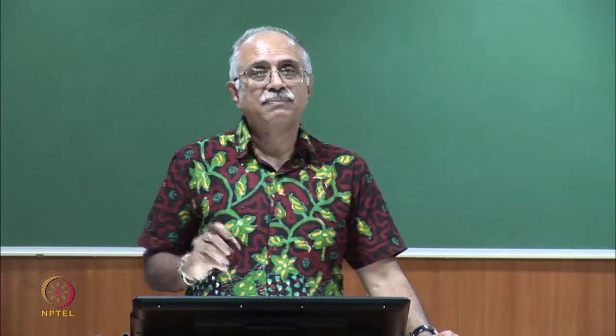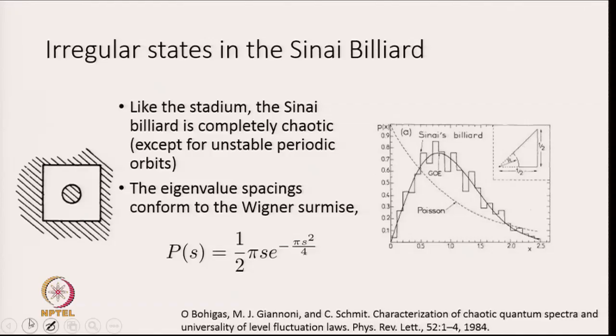If you take the Sinai billiard, as Bohigas, Giannoni and Schmit did in 1984, then you can again solve the Schrodinger equation in this particular enclosure. Here there are 2 boundary conditions to be followed. The wave functions have to vanish on the square, and they have to vanish on the boundary of the inner deflector. This is a completely chaotic system.